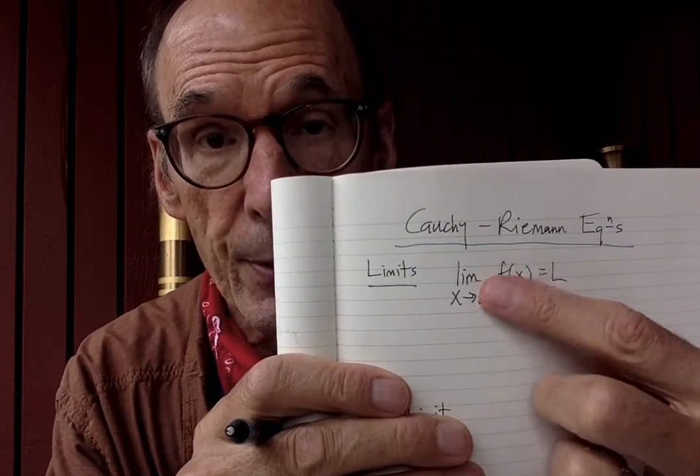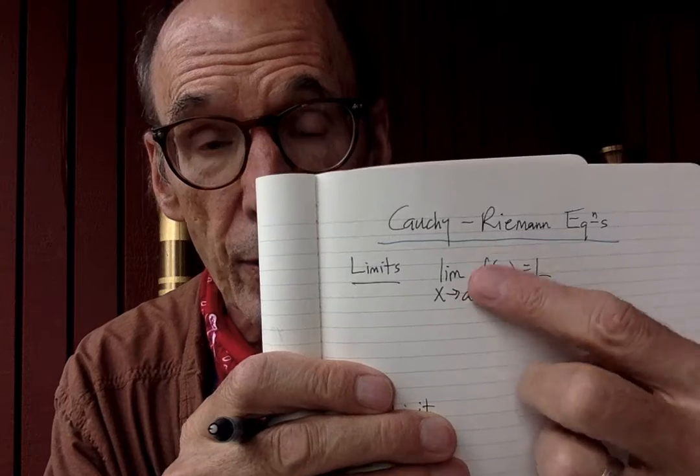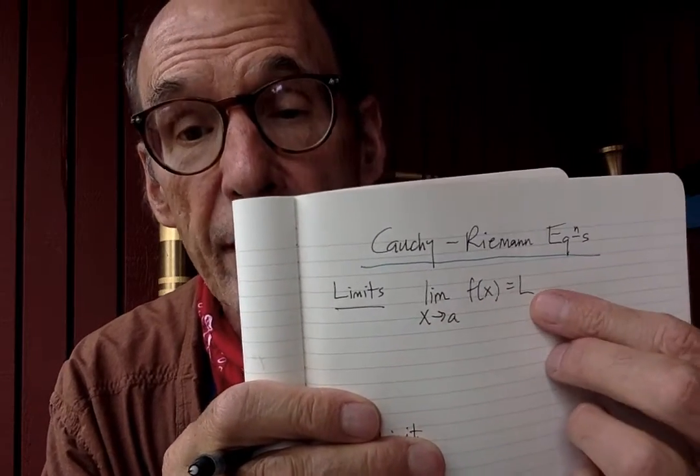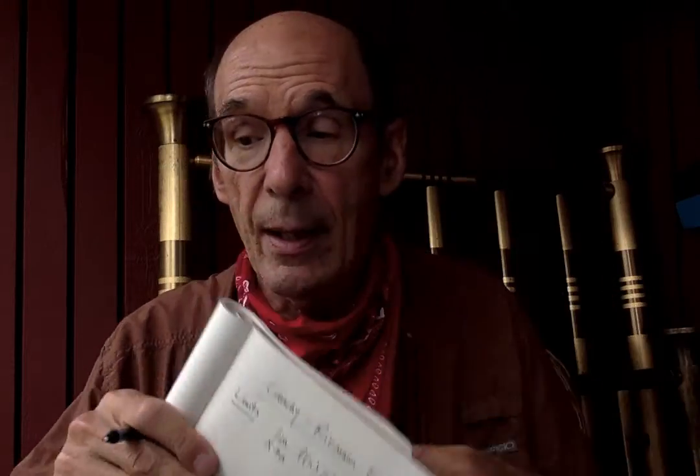And if you go into the epsilon delta definition that you learned in real analysis, the limit as x is near a is equal to L. And let's write out that epsilon delta definition. That means for every epsilon, there exists a delta such that the following implication holds.